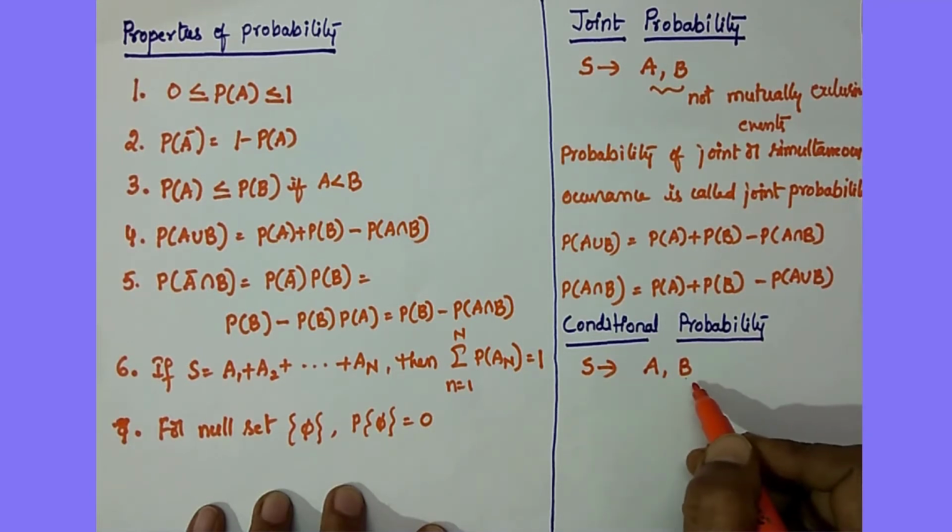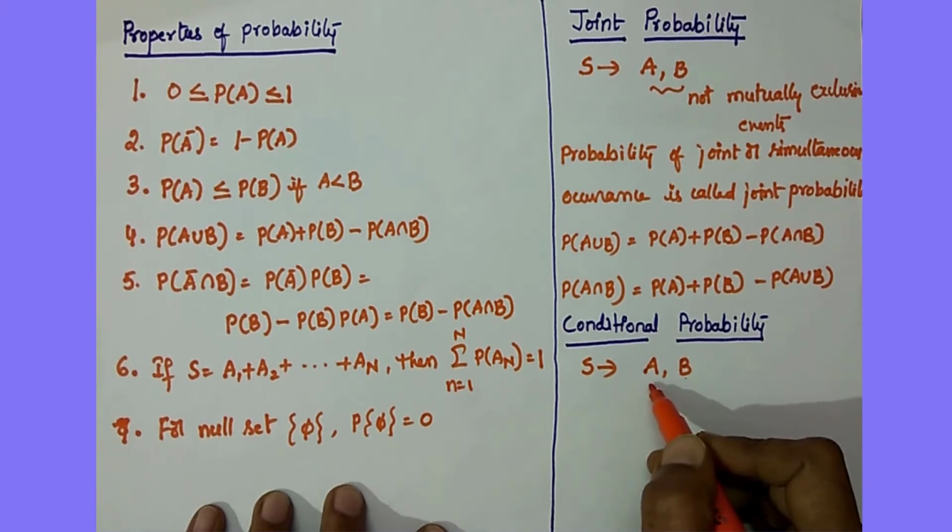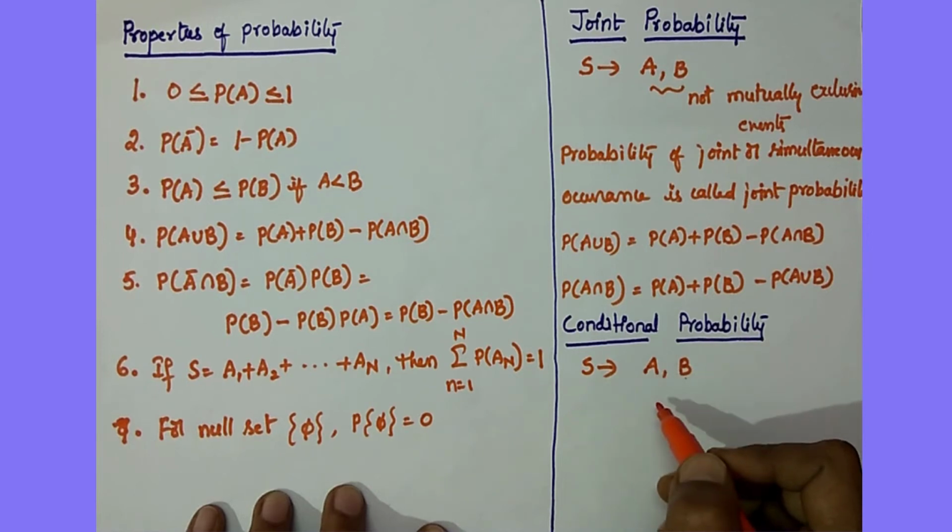It explains how the probability of one event depends on the other.